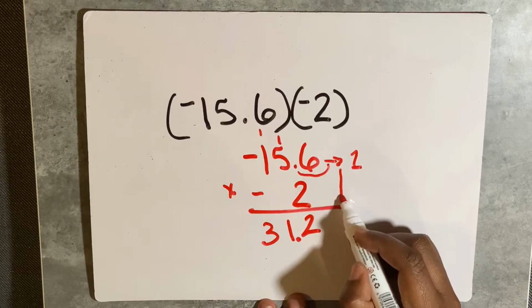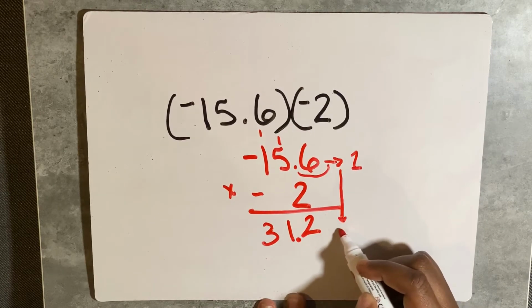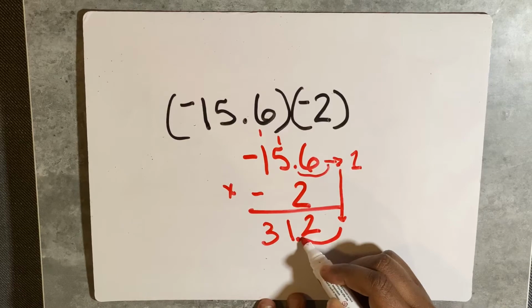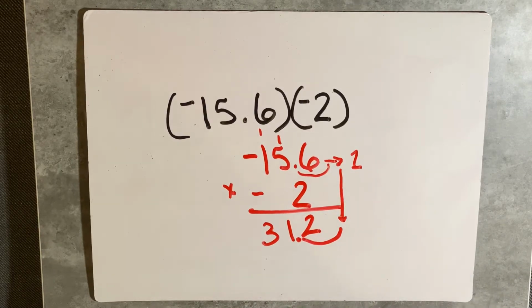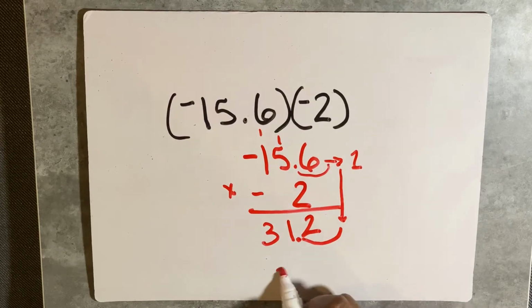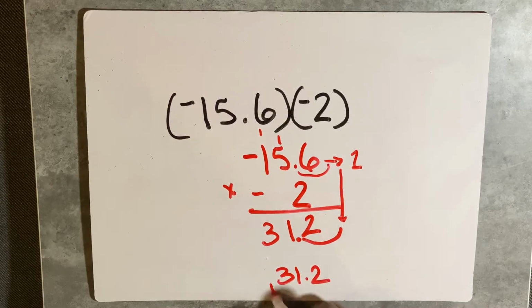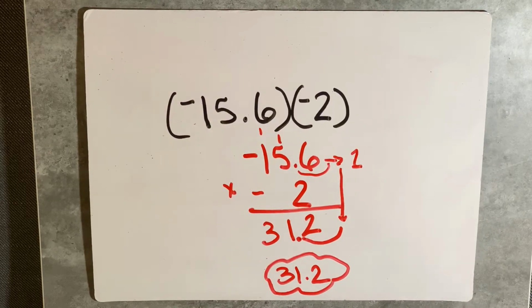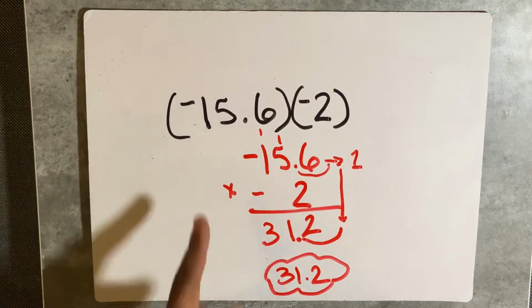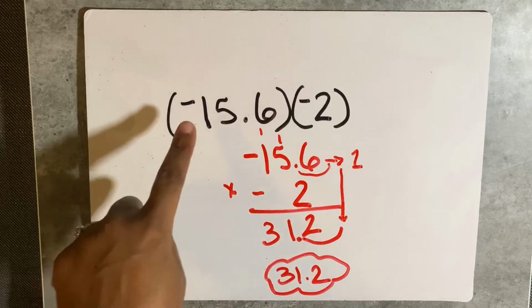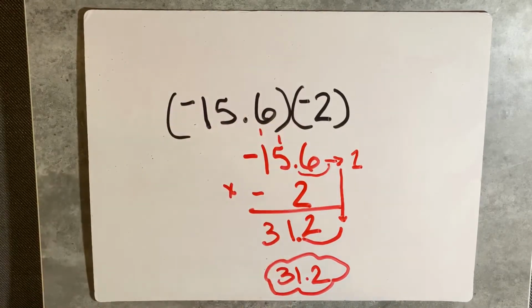So you remember this one? The decimal point went from here to there, 1 space. So my answer is 31 2/10. Not 31.2. Remember, we talked about that. 31 2/10. Now, why did I not put a negative number on there? Because remember, a negative times a negative is a positive. Positive 31 2/10.